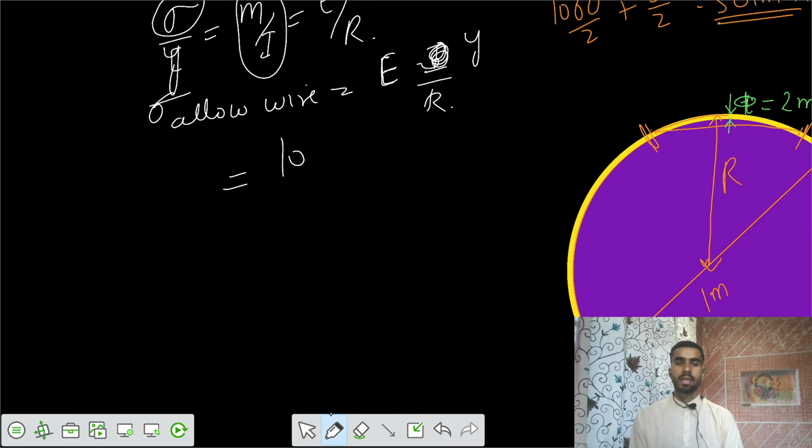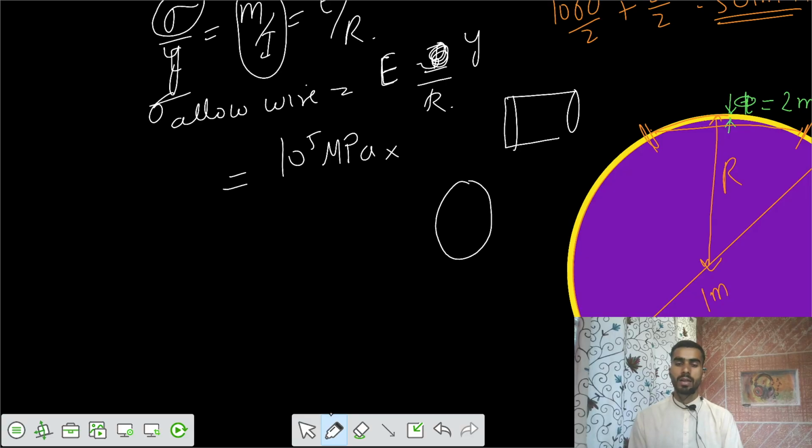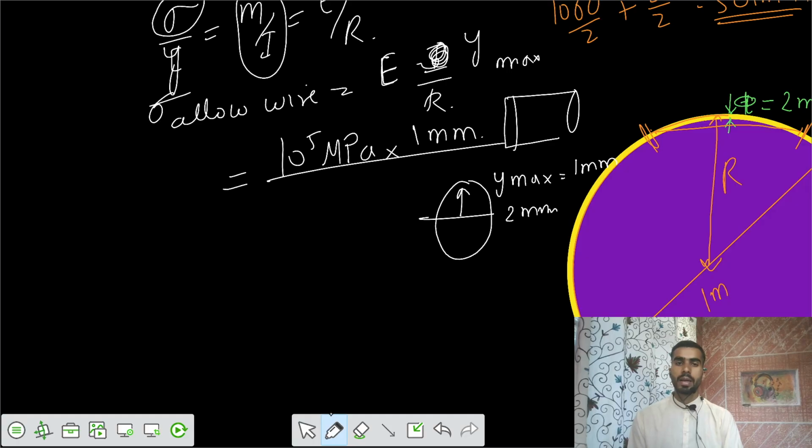For the wire of diameter 2 mm, how much can y max be? y max is 1 mm, that is, t by 2 or diameter by 2. So I write 1 mm divided by the radius of curvature.